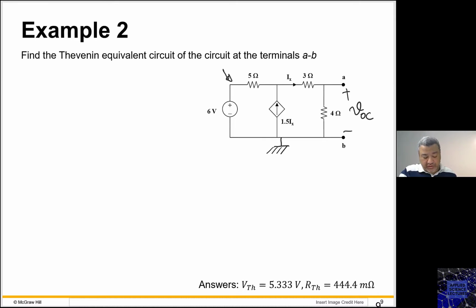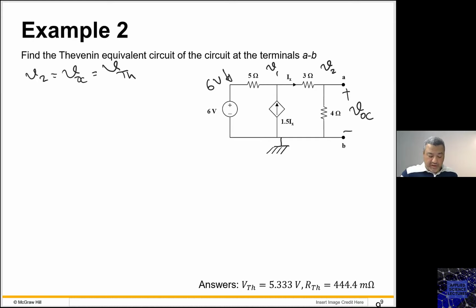Why? Because I have an independent voltage source between the reference and this node. So the voltage here is 6 volts. So what do I need to do here? I need this voltage, V1, and this voltage, V2. And notice that V2 is VOC.